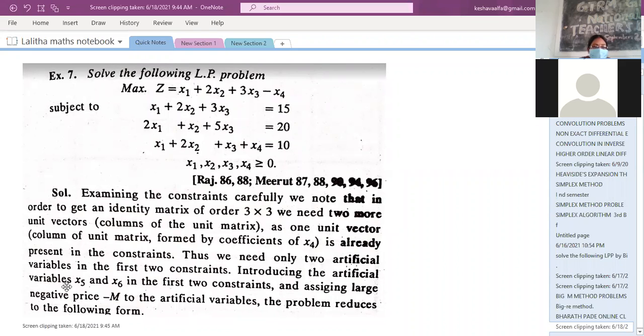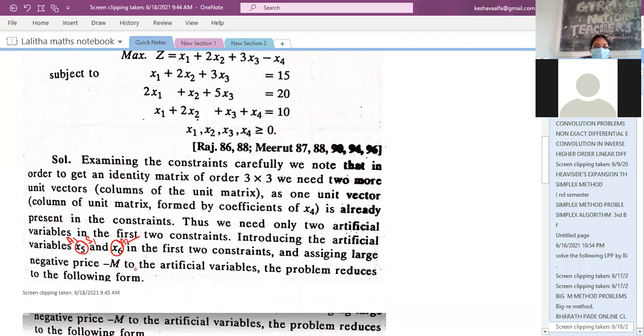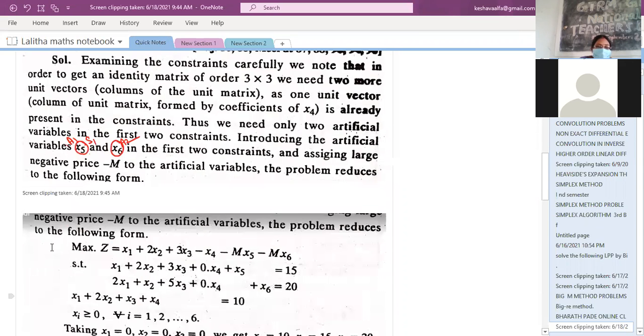Introducing the artificial variables x5 and x6, or otherwise you can call them artificial variables a1 and a2. We write a1 and a2 in the first two constraints, assigning a large negative price, minus M, to the artificial variables. The problem reduces to the following form.